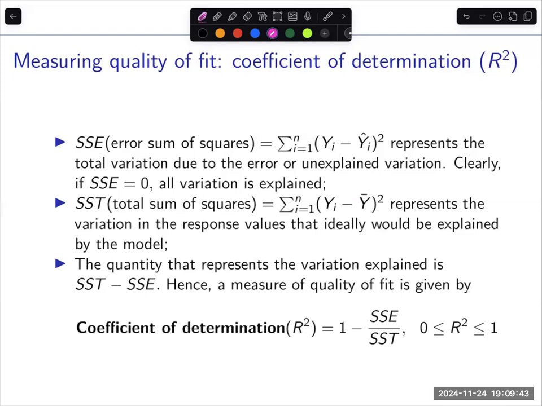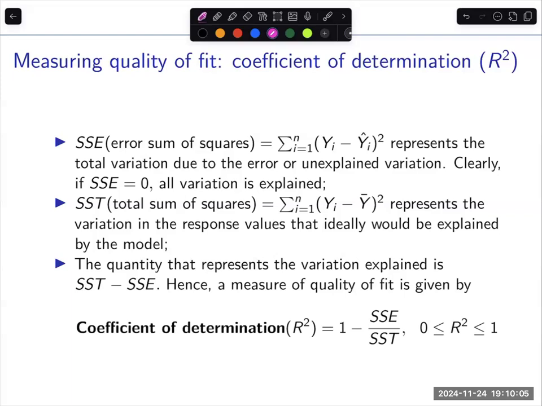So as SSE being 0 represents the ideal case, that gives us the reason why the difference between SST and SSE, written as SST minus SSE, is going to be a measurement of the quality of the fitting.